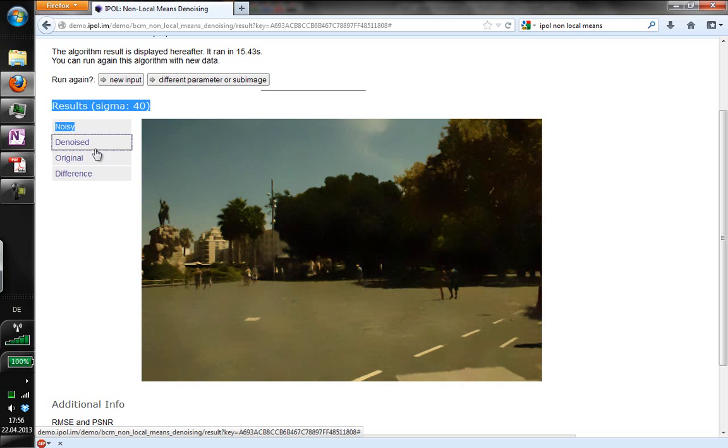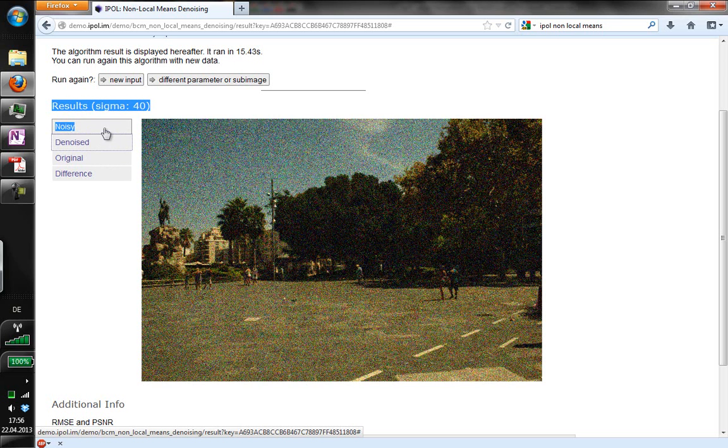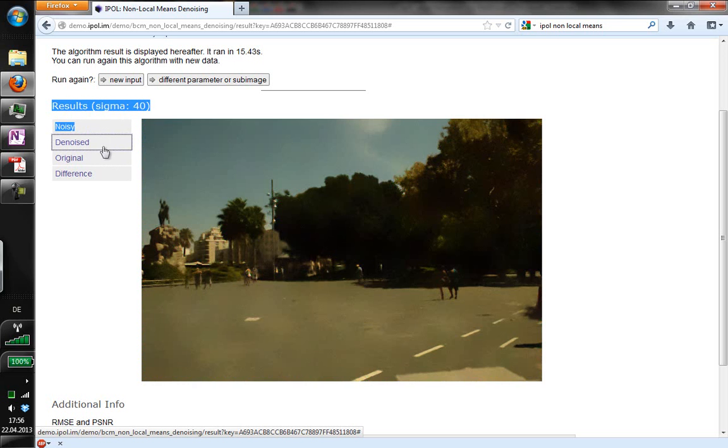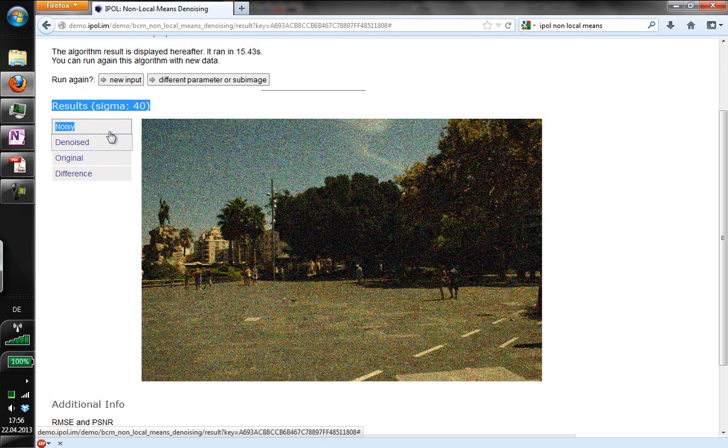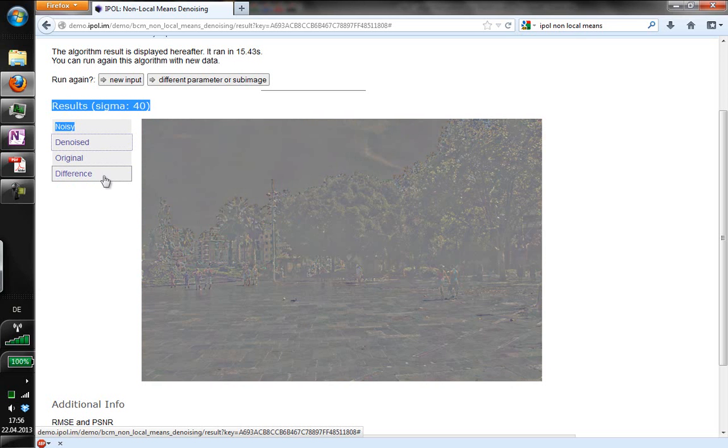This is the difference between original and denoised. But remember that the noisy image looked like that. So the patches in the floor, which we lose, the tiles on the ground, I think they're really hard to see in the noisy version. And there's the difference. The difference tells you where this assumption of always being able to find similar patches breaks down.